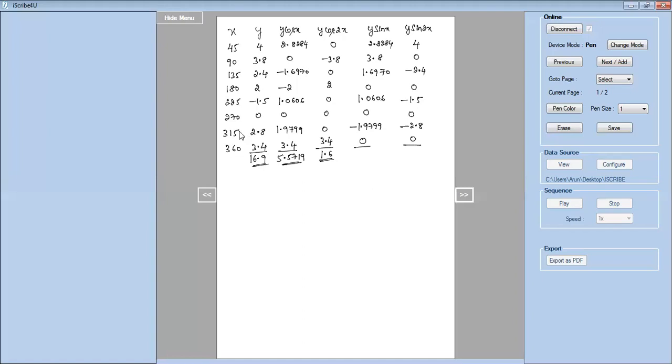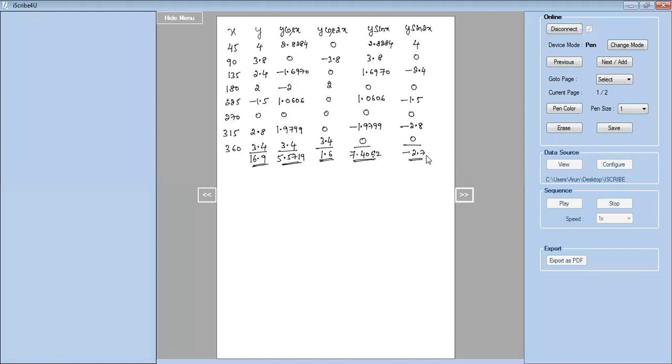If I add all these things in calculator, it is 7.4062. And y sin 2x is minus 2.7. So these are the summation values. Just adding like this, we get the summation values.